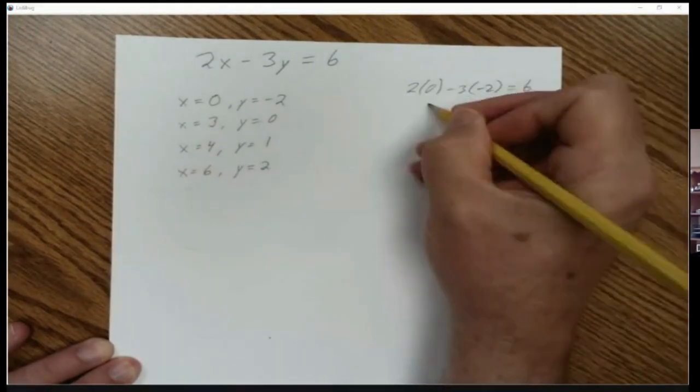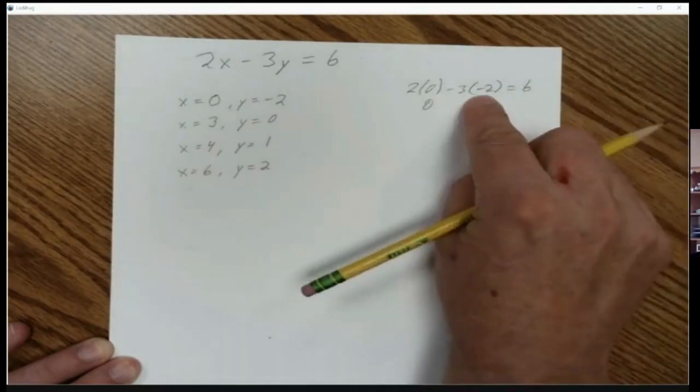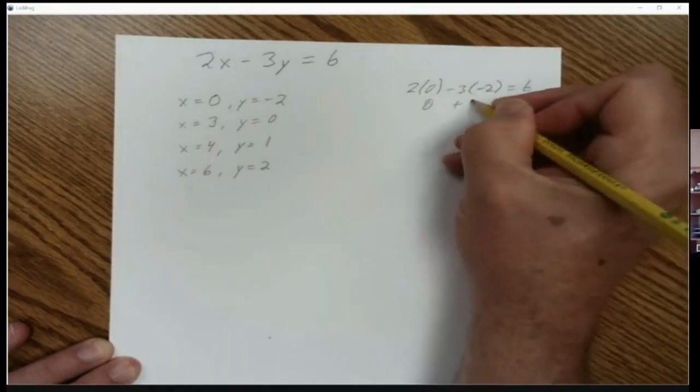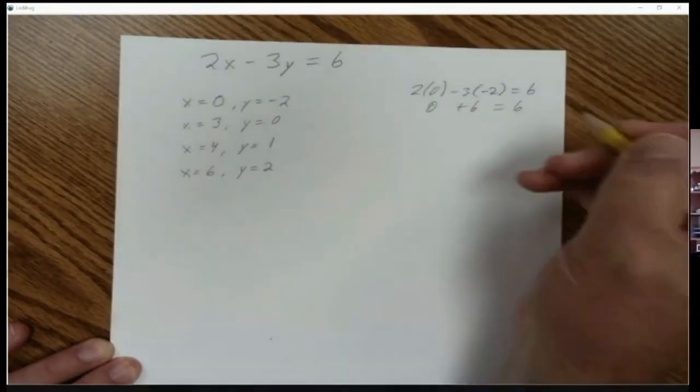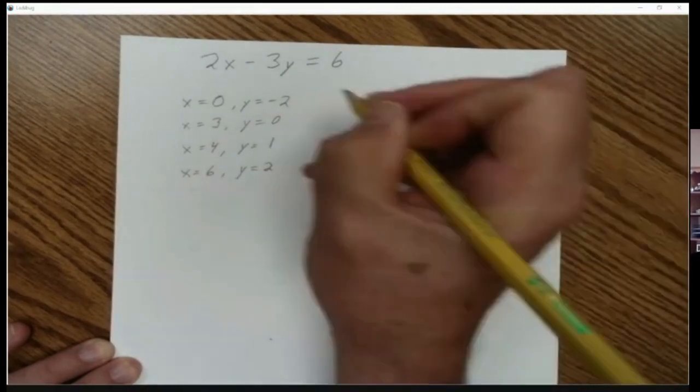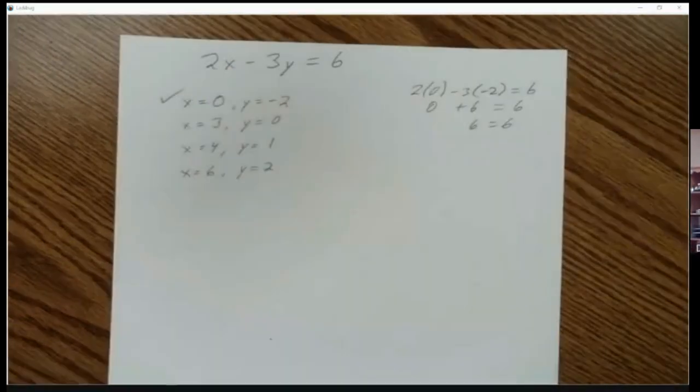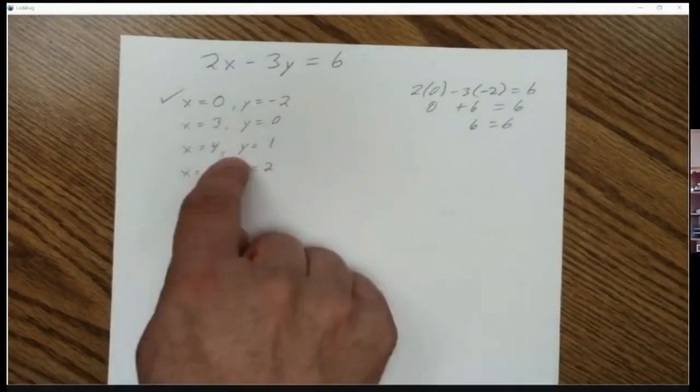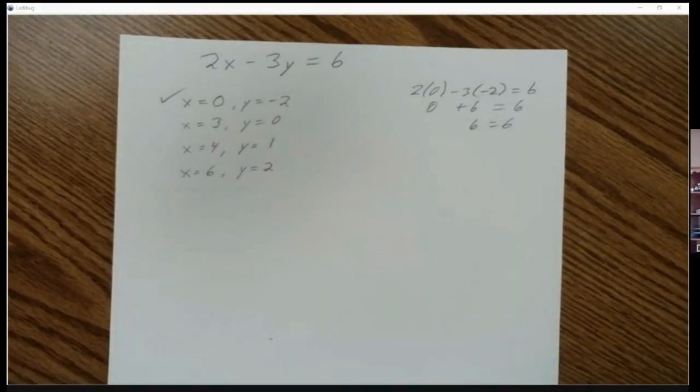Well, 2 times 0 is 0. -3 times -2 is a positive 6. Oh, looky there, 6 equals 6. So that is a solution to that equation.